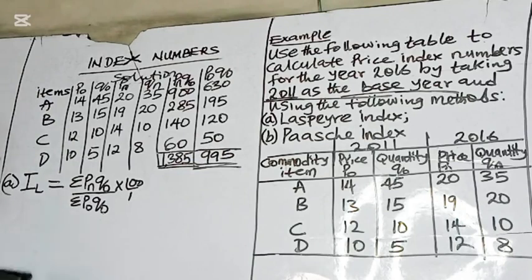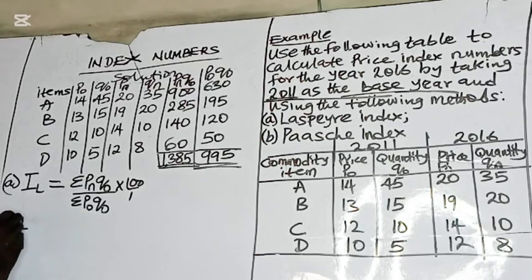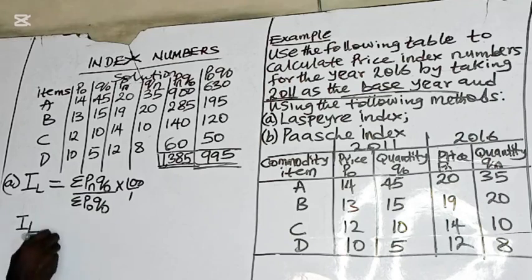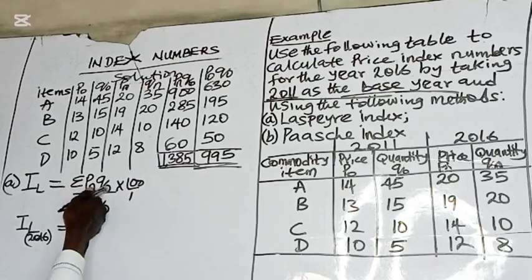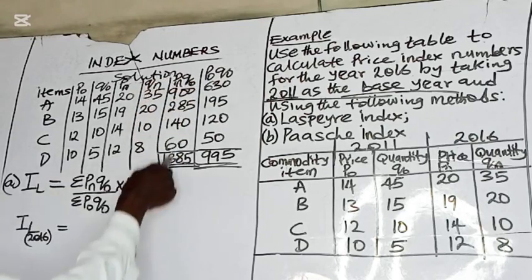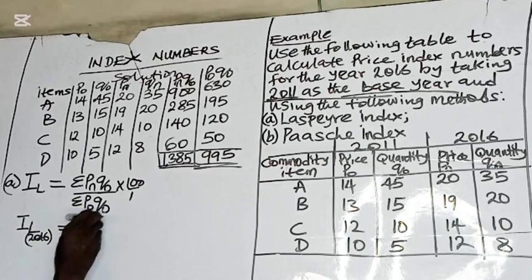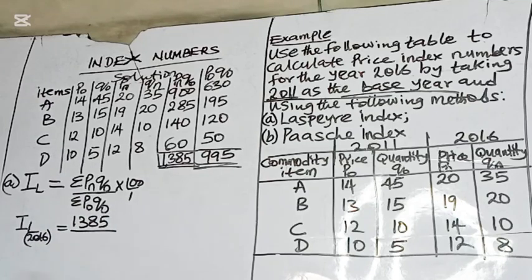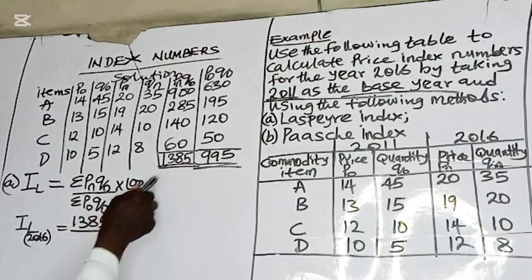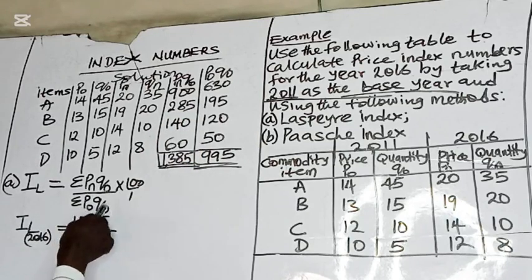The next thing is to substitute into the formula. So summation, then you need the index. Laspeyres index for 2016. The sum of PNQO, that is 1385, over sum of POQO.